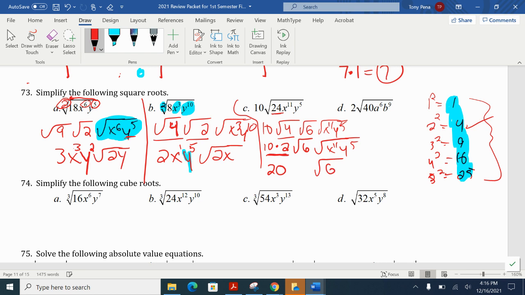We still have a 6 underneath. And now 2 will go into 11 5 complete times, but I'd still have 1 x remaining. 2 will go into 5 2 complete times, and there's still a y remaining. So then this should be our answer.